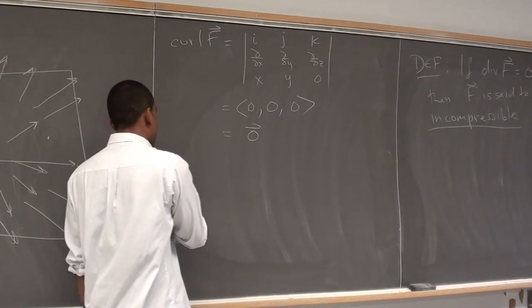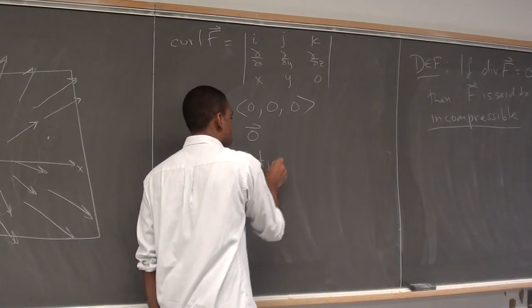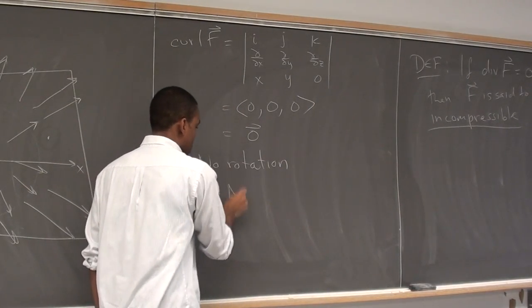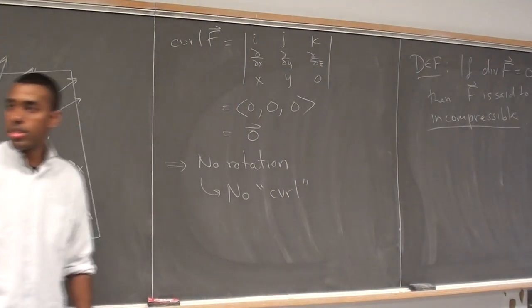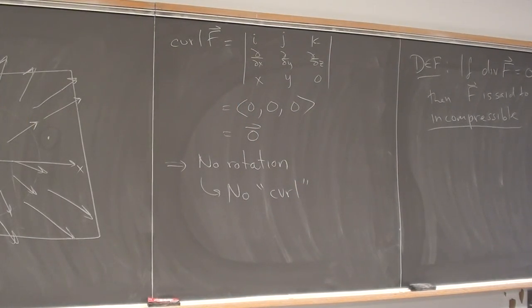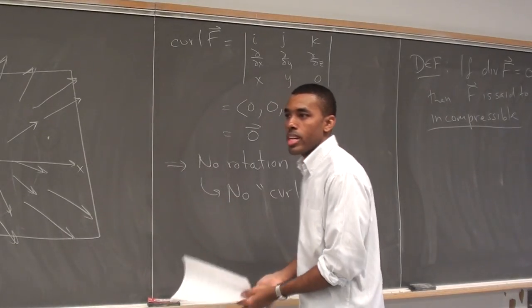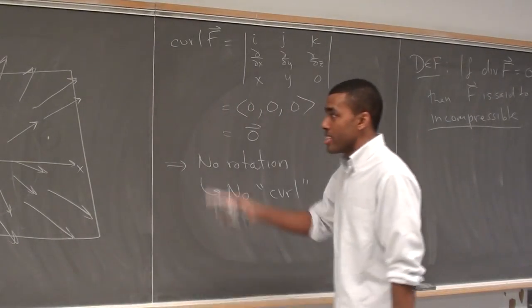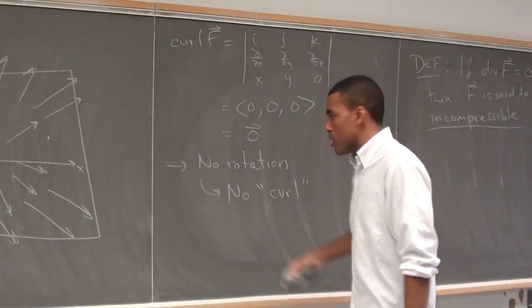So 0, because there's no rotation. In other words, there's no curling going on. So this vector field doesn't have a curl. It's the same as saying there's no rotation going on here, in this fluid field or wind field or liquid field. Nothing's going to be spinning around any one point in this vector field. And I can tell that without drawing the vector field. I can just take the curl and know that.